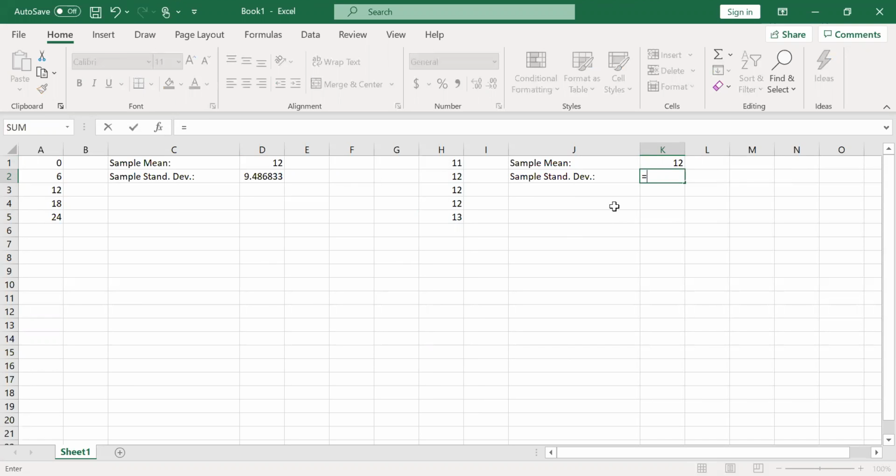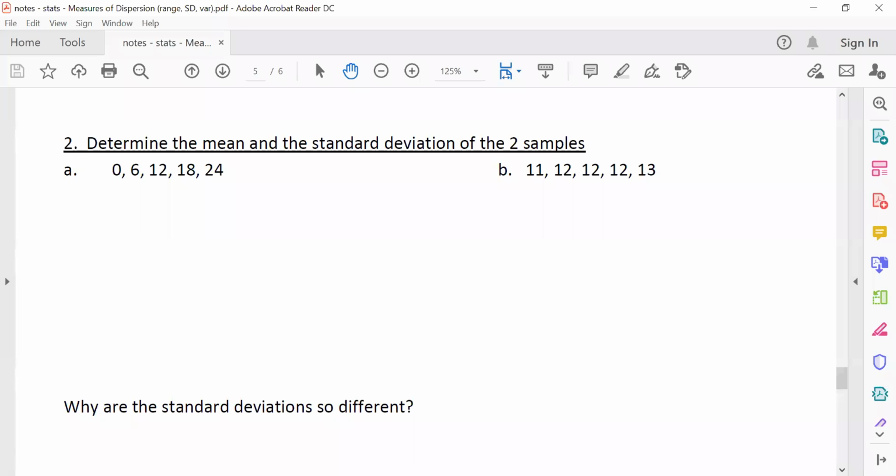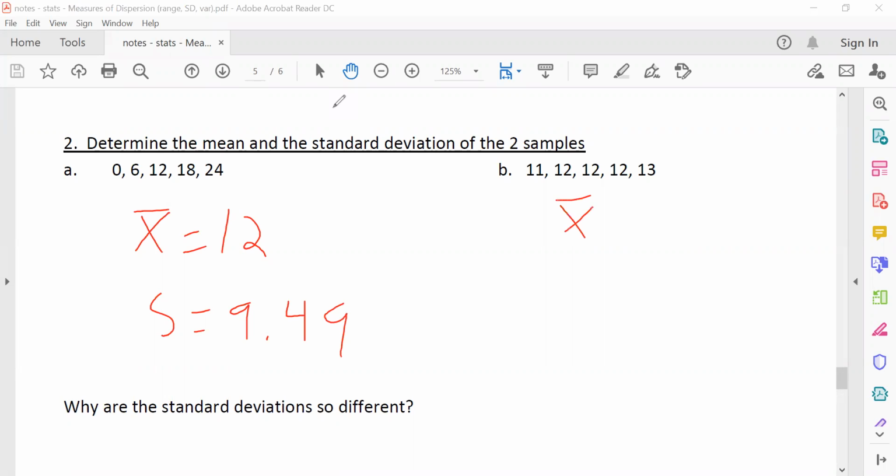The sample standard deviation is going to be much smaller. Interesting. So let's see if I can commit these numbers, 9.49, 0.71. I'm gonna have to reproduce these, that's okay. We'll round it to 2 decimal points.